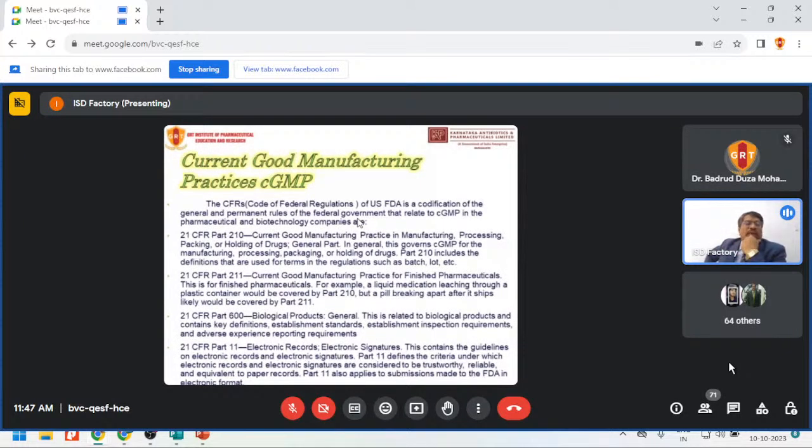This is very important. We follow the regulations, and as a batch, lot, all the things will be followed as per the US FDA guidelines for current good manufacturing practices. The 21 CFR part 211 is the current good manufacturing practices for finished pharmaceuticals. What are the finished products?